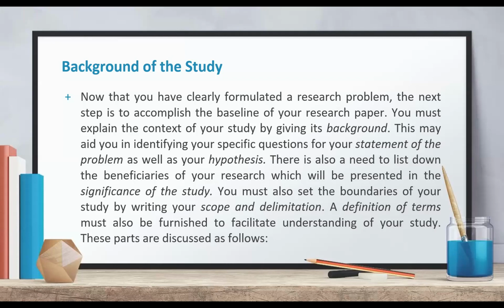There is also a need to list down the beneficiaries of your research, which will be presented in the significance of the study. You must also set the boundaries of your study by writing your scope and delimitation. So a definition of terms must also be furnished to facilitate understanding of your study. So these parts are discussed as follows.